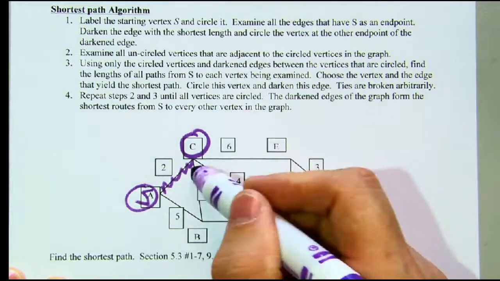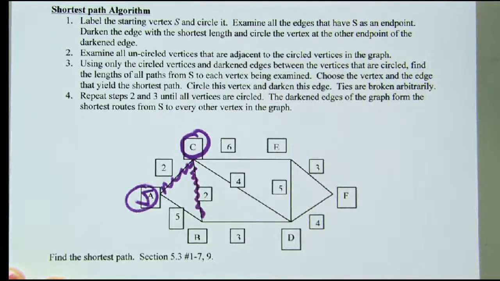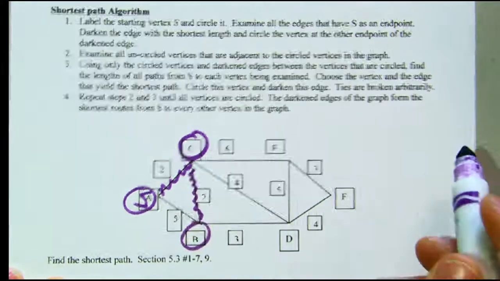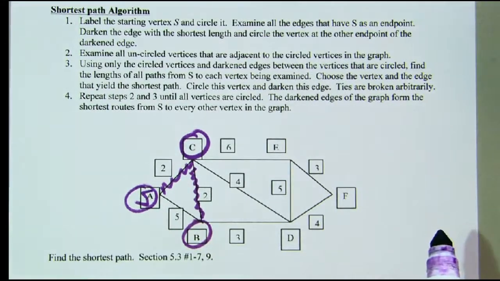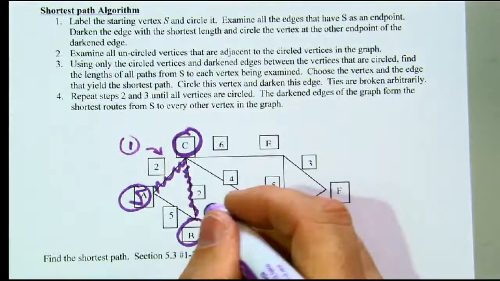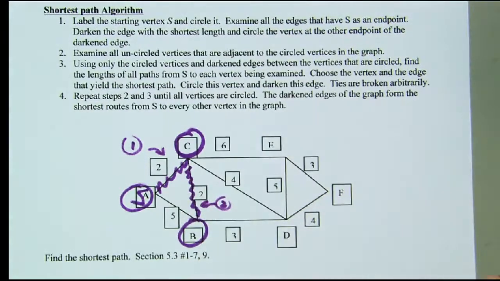So the 2 plus 4 would be the shortest path of all the vertices that are adjacent to the circled ones from the previous method. So this would be step 1 that I circled, and this one would be step 2 that I circle there.